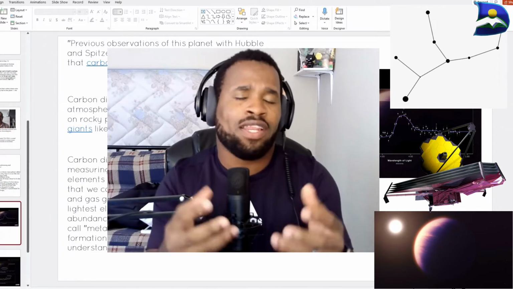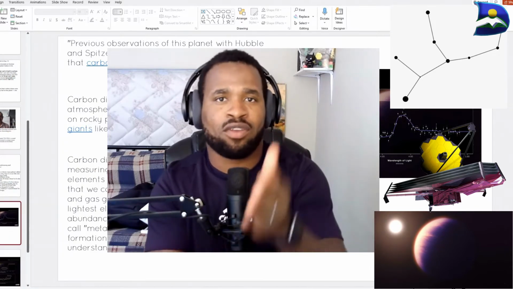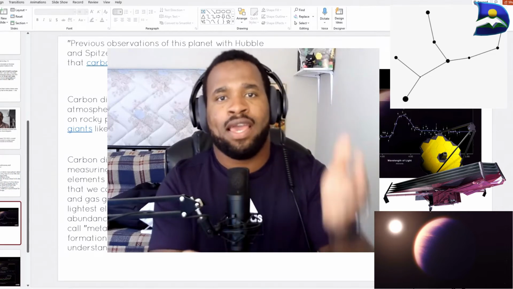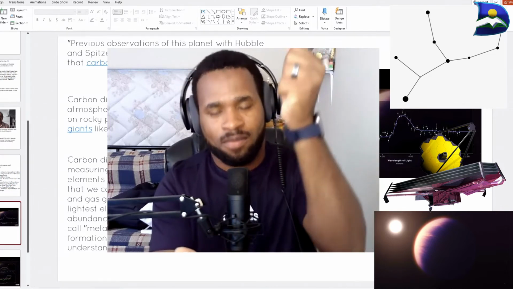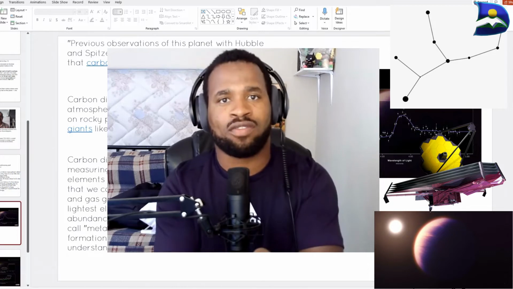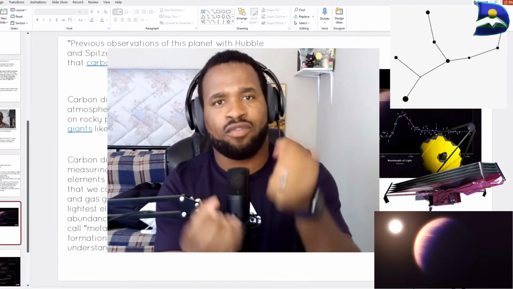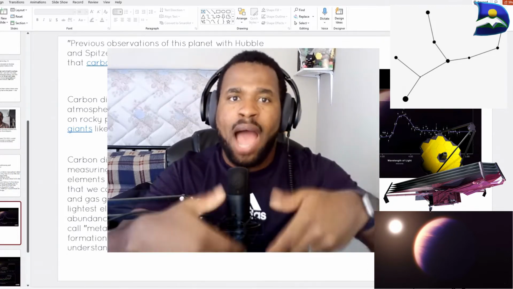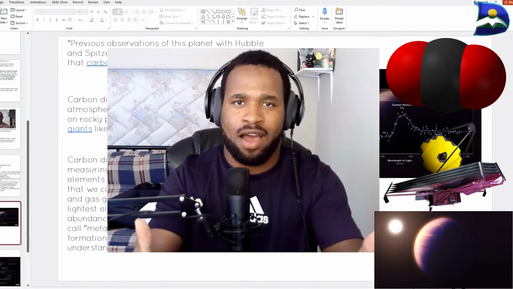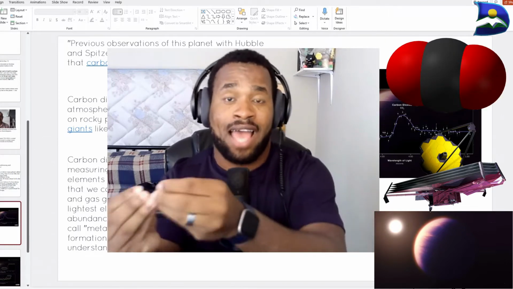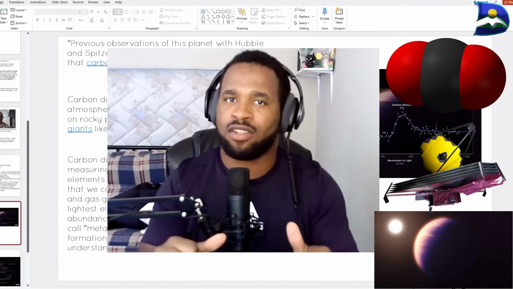And so it's really nice to see that the James Webb telescope is not only able to give the concrete result, but most importantly give raw data as to the levels of carbon dioxide present in the atmosphere of this exoplanet.